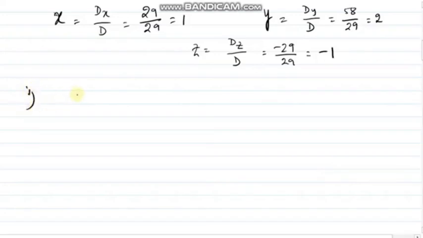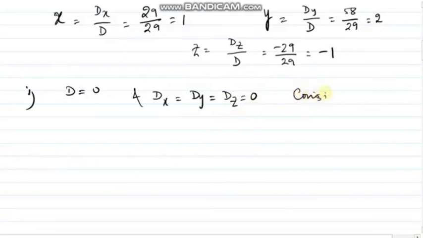First case: if your d equals 0 and dx, dy and dz are all equal to 0, then the equations will be consistent, and we will have infinitely many solutions, because we will have only one line of equation.